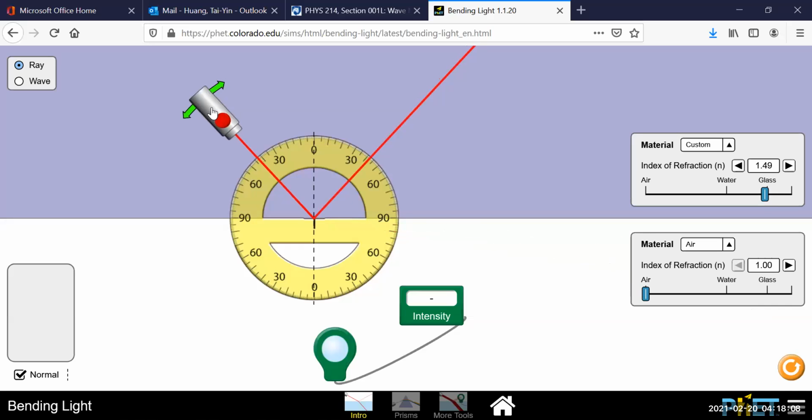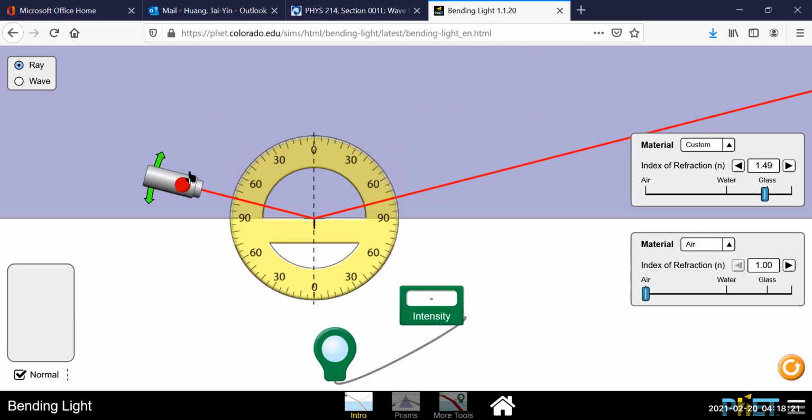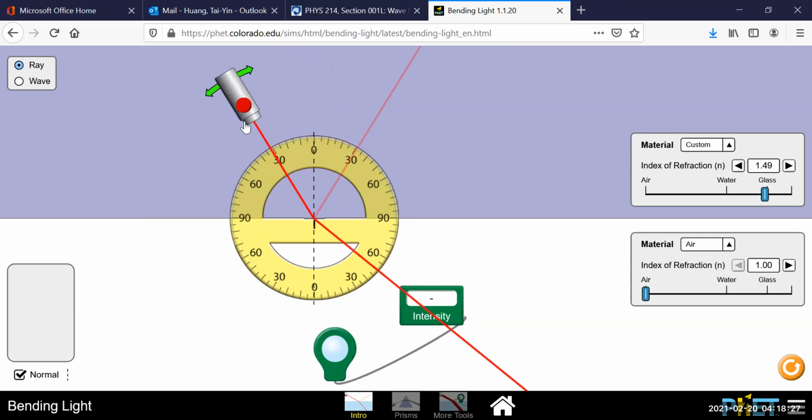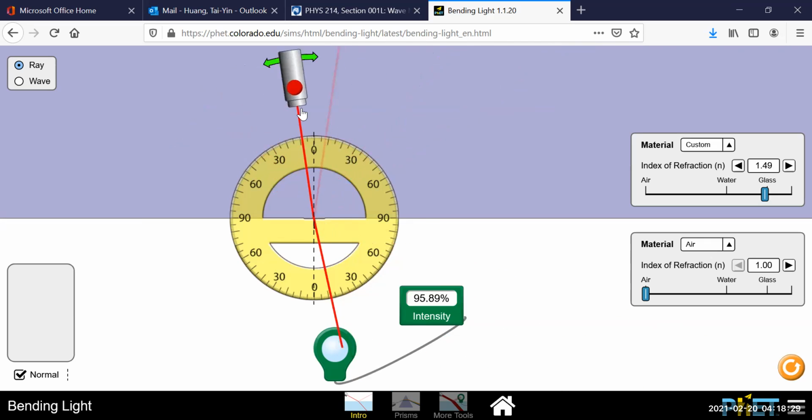It just takes some adjustments. Somewhere there, and this angle will be your critical angle. We did this clockwise, so you want to go back and do the other direction, and then find the average.